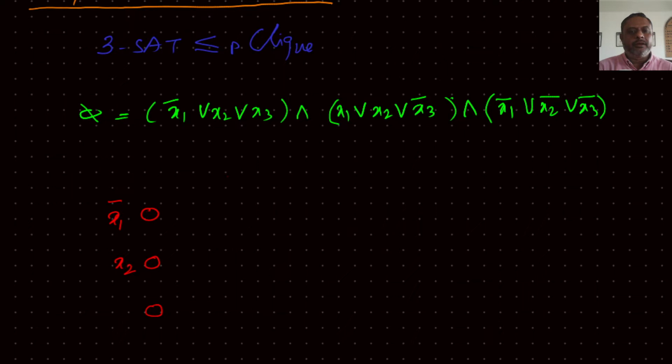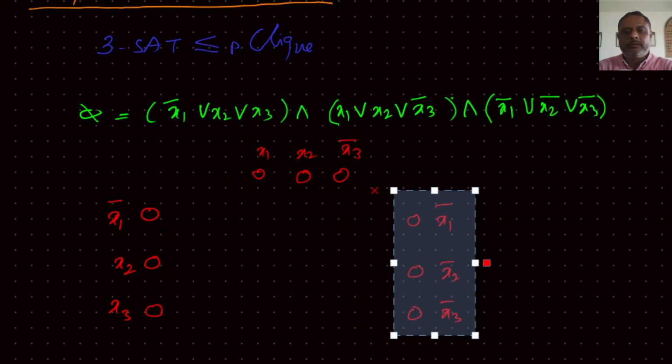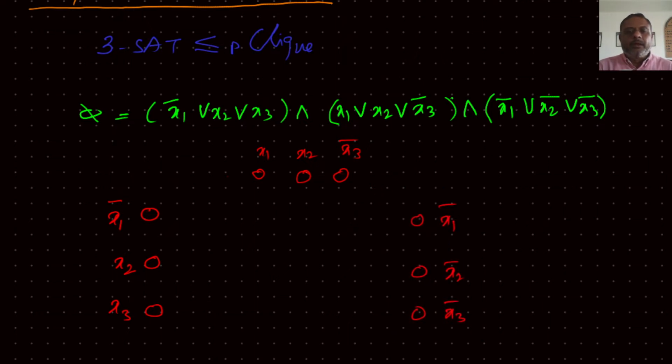So x1 bar, x2, x3 for clause 1, and for clause 2 we have x1, x2, x3 bar, and for clause 3 we have x1 bar, x2 bar, and x3 bar.